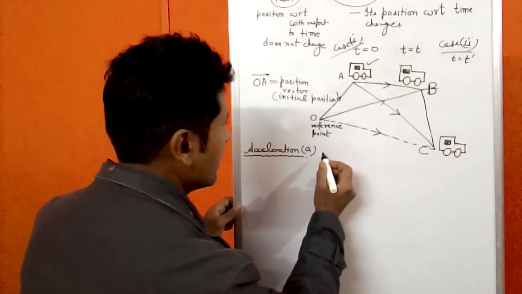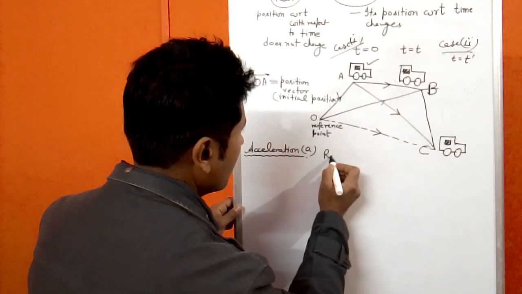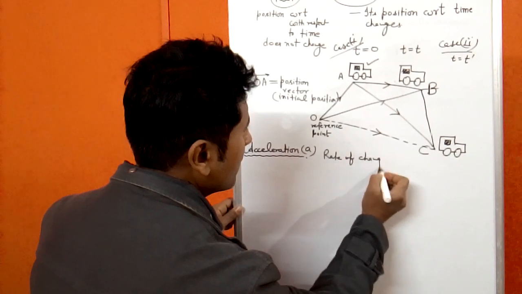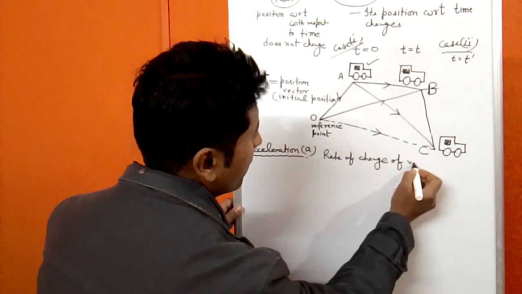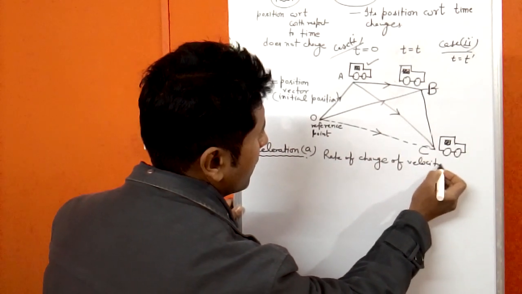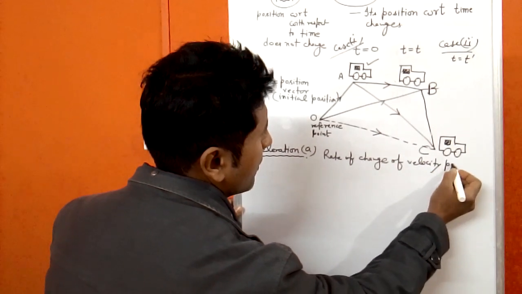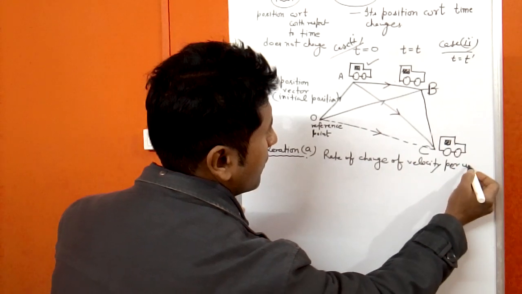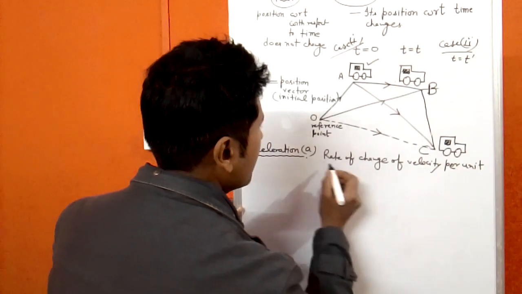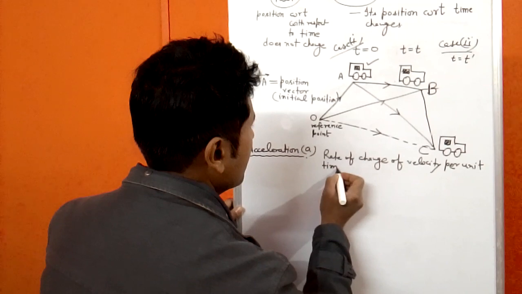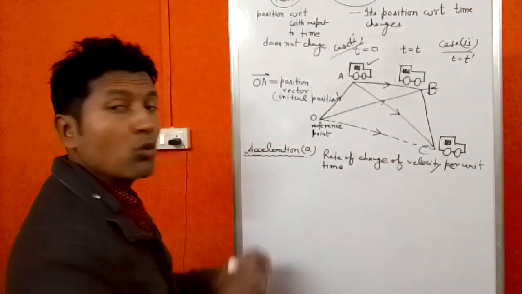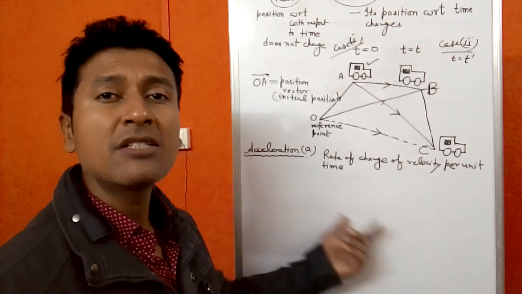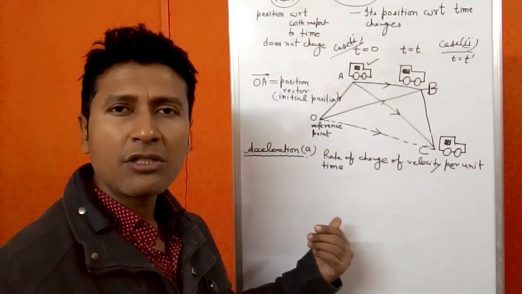The definition is basically rate of change of velocity per unit time. Rate of change of velocity per unit time is defined as acceleration.